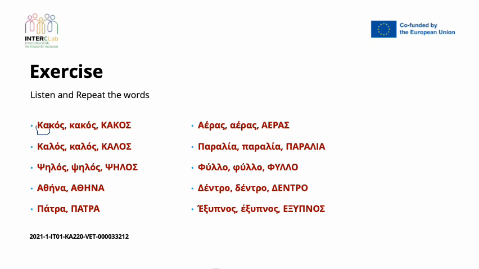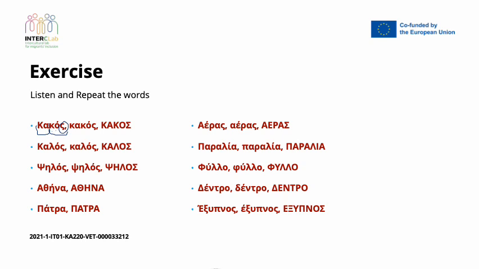The second syllable is again a k and o with an accent, so we know where to stress the word. And this is, if you remember, the S sound, and that's the form it takes at the end of a word. So altogether, it sounds like this: kakos. It's an adjective referring to a person who is bad or evil.